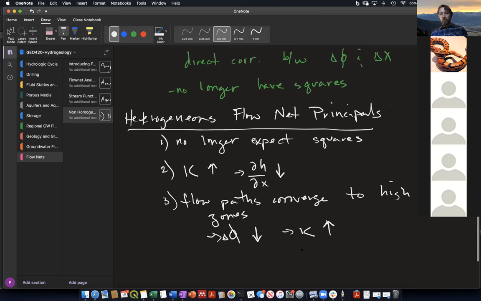All right, and for all of these rules, the opposite holds. So delta phi gets bigger if K gets smaller.